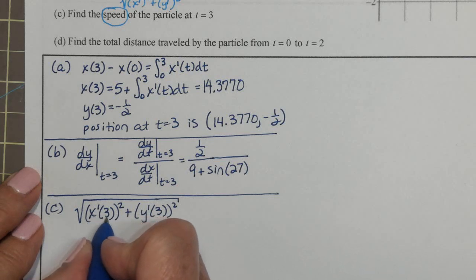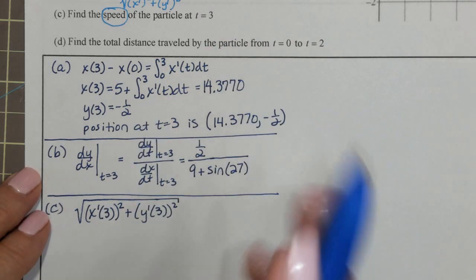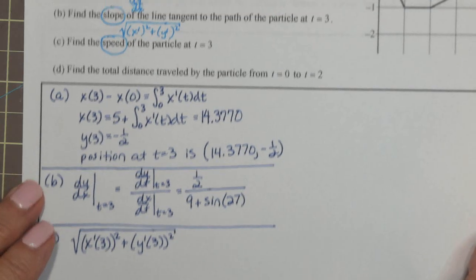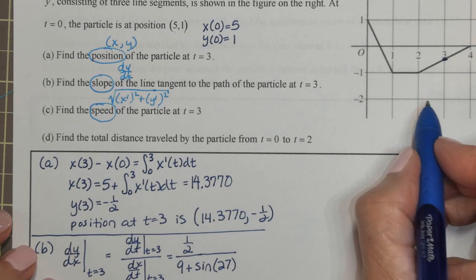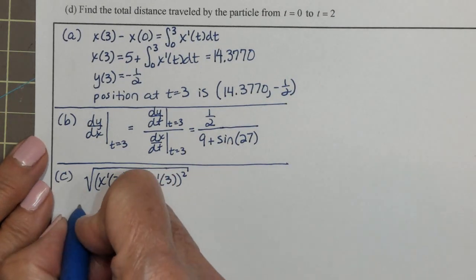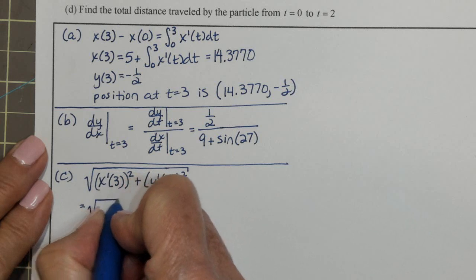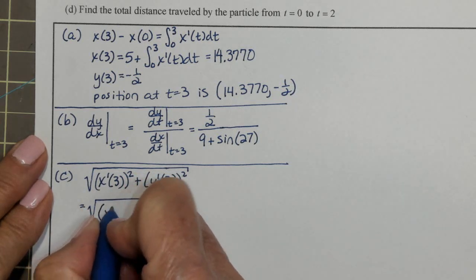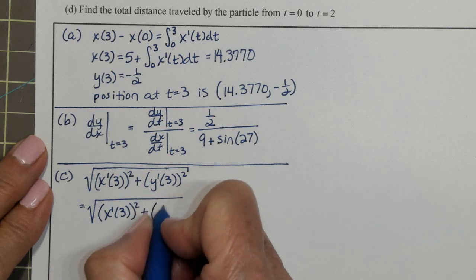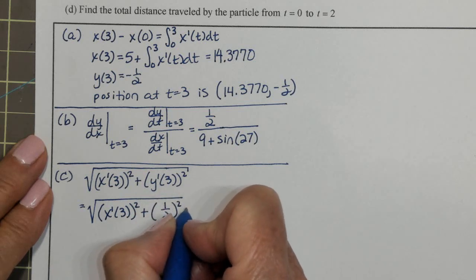x prime at time 3, I can use my calculator to get, because I have a formula for x prime, right? y prime at time 3 was that 1/2, right? So this is going to be the square root of x prime at time 3 squared plus 1/2 squared.